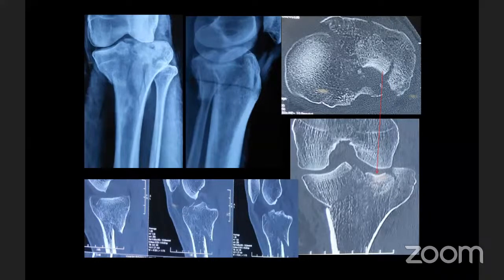And therefore, in the majority of this type of fracture, even when congruency is disturbed, they have a good functional outcome. Right, sir. Most don't go for TKR. But major depression, as you said, more than 8 millimeter, does require elevation. Elevation.